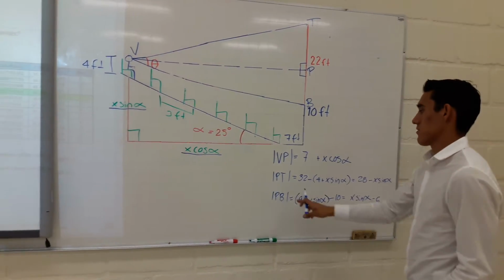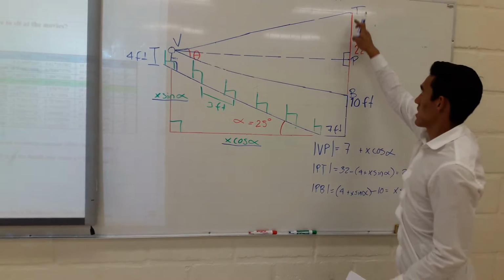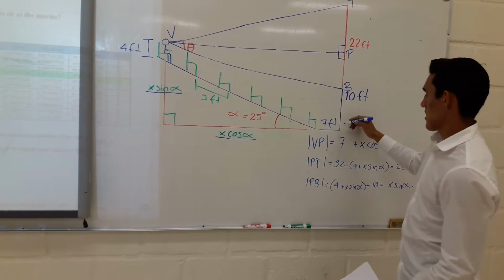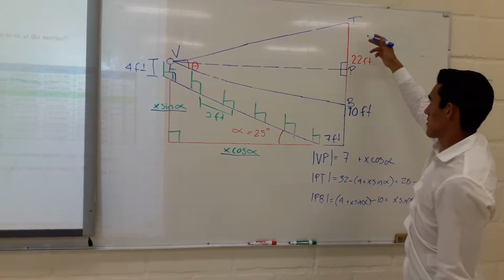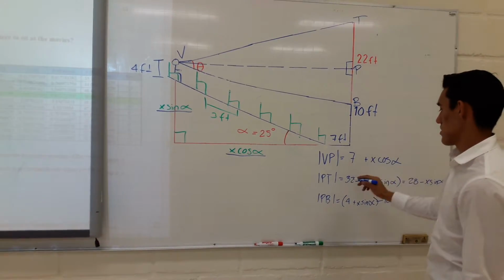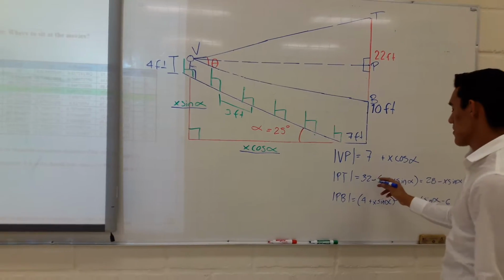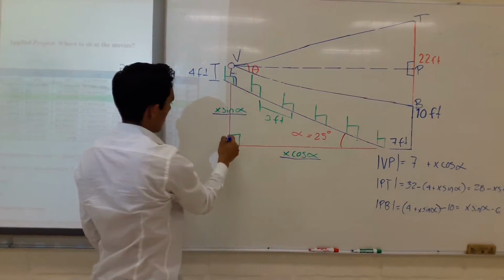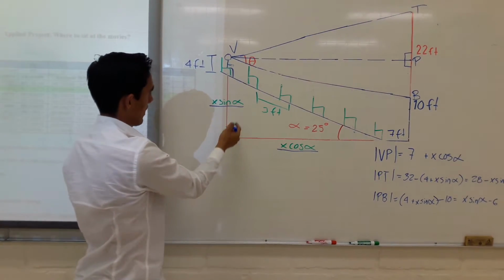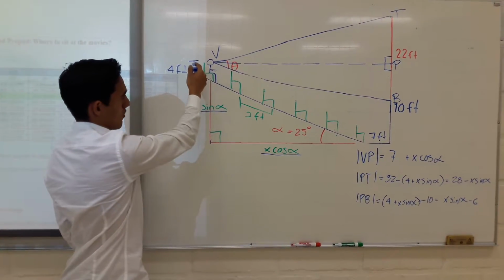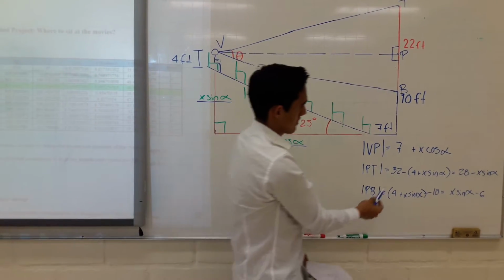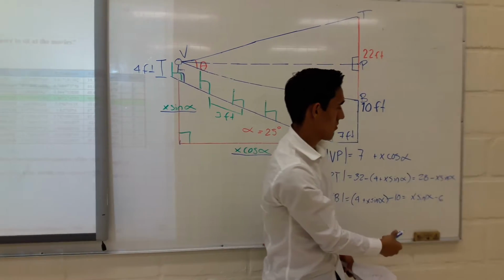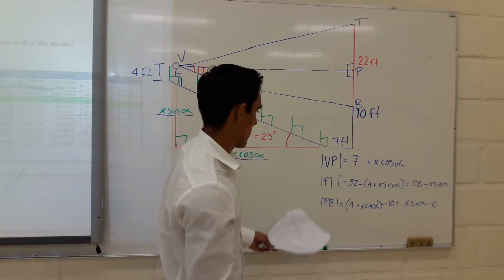Okay, now we define the segment between P and T. This is the addition of 10 feet plus the height of the screen, that is 22, so it is 30 minus this side, that is y by sine of the angle, plus 4 feet. So this is the subtraction, and it results 28 minus x by sine of the angle.